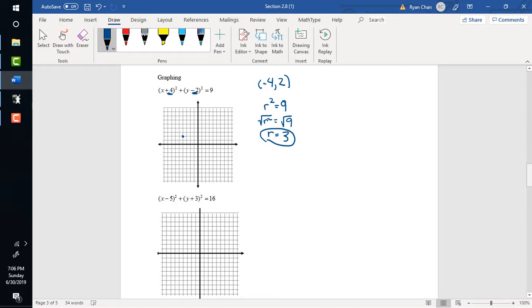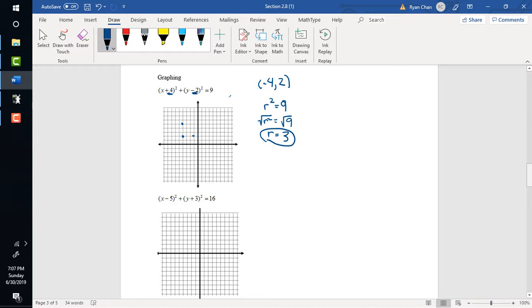Here's an easy way. You start off with the center of your circle, and your radius is 3. If you remember, the definition of radius is the distance from the center to the edge of the circle. So I'm going to take my center and go up by 3, 1, 2, 3. Then to the right by 3, 1, 2, 3.